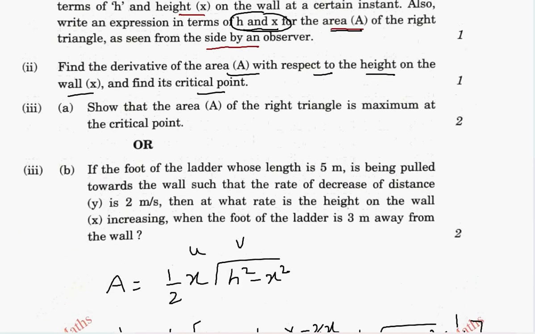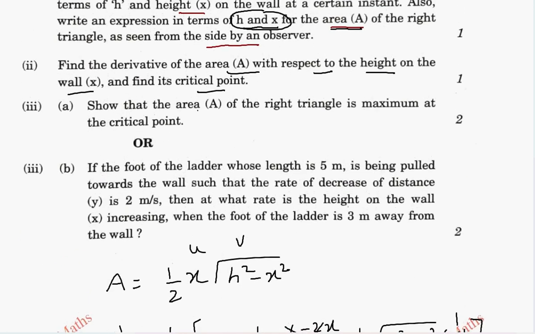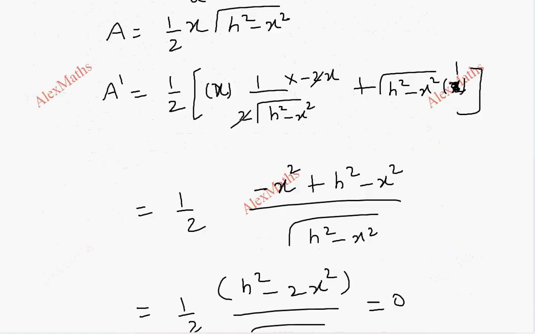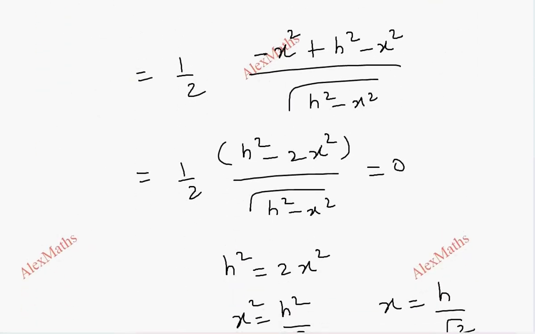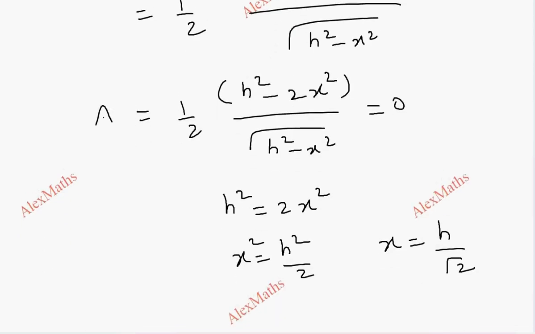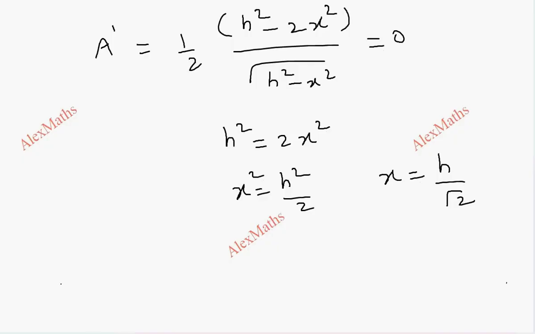Then coming to the next part, show that the area of the right triangle is maximum at the critical point. So we got the first derivative, and we have to prove maximum. For that I have to find the second derivative, that is double dash, using u by v.